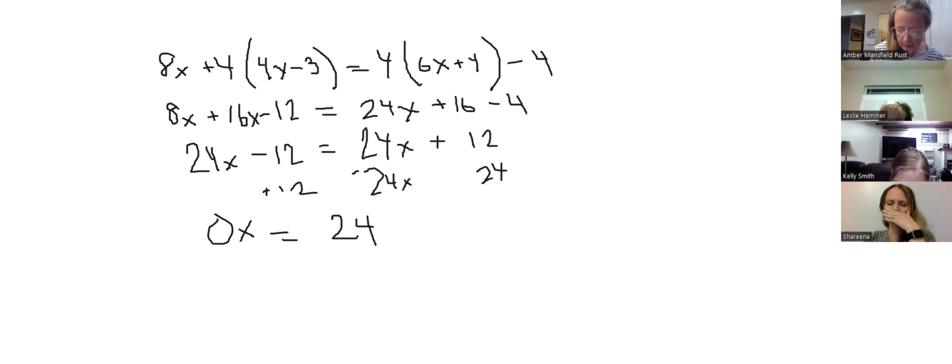So this is what next week's lesson is about, equations where 0x cannot equal 24, so this equation would be false. Or if what we got was 24 equals 24, then any number you put in for x would work.